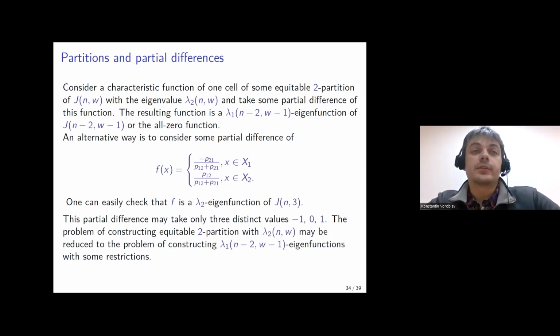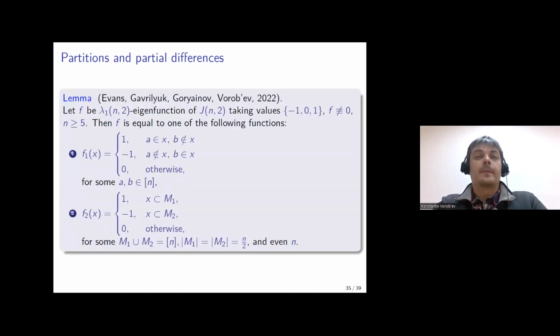The idea is that the result, the partial difference, is a lambda 1 eigenfunction of a Johnson graph J(n minus 2, w minus 1), and it takes only three distinct values: minus 1, 0, and 1. So it means that the problem of constructing equitable 2-partitions may be reduced to the problem of constructing lambda 1 eigenfunctions of a smaller Johnson graph with some restrictions. So the main lemma here is the following.